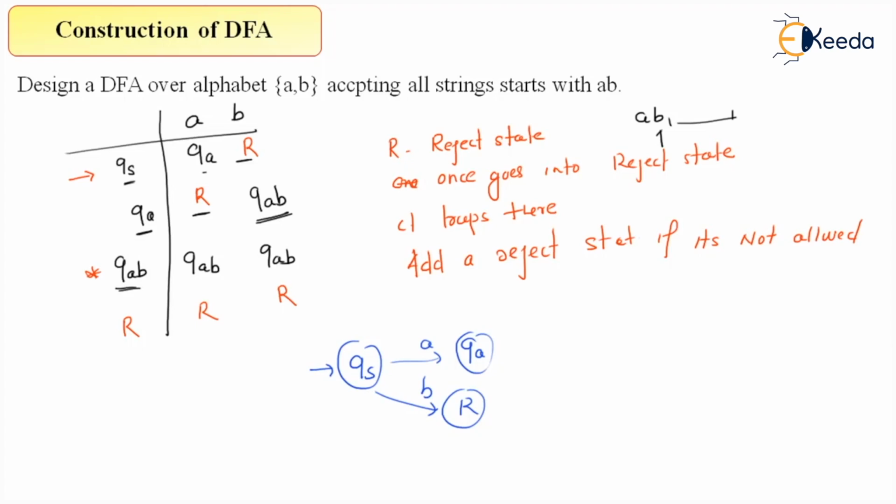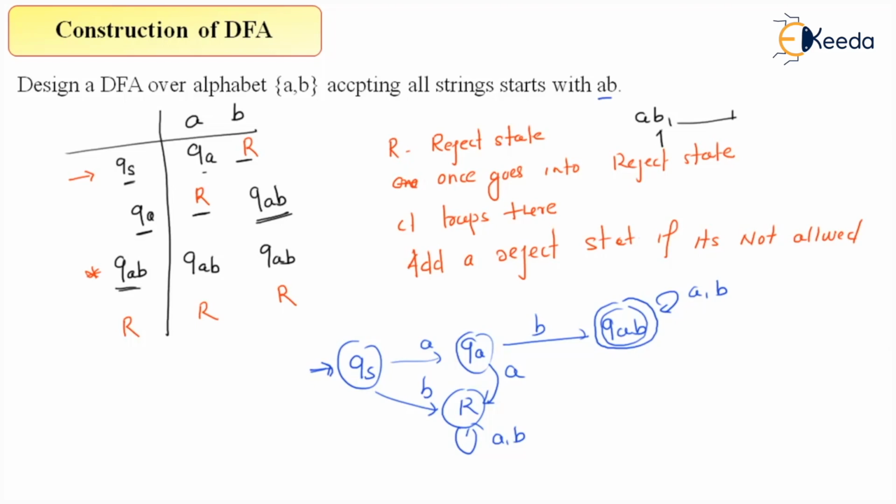If the second alphabet is B, it will become QAB, and then there will be A or B. So now this is the diagram, and this is the reject state, and that loops on A and B. So this is the deterministic finite automaton that is accepting all the strings over A and B that start with AB.